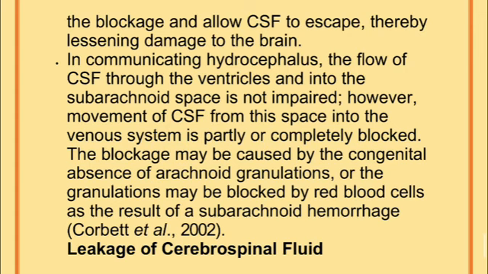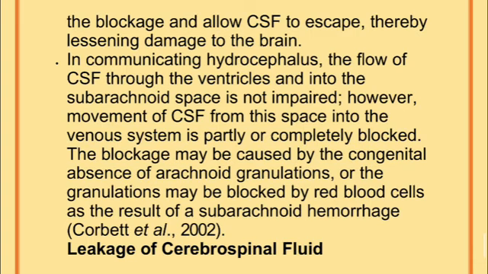When there is communicating hydrocephalus, the flow of cerebrospinal fluid through the ventricles and into the subarachnoid space is not impaired, but movement of cerebrospinal fluid from this space into the venous system is partially or completely blocked. The blockage may be caused by a congenital absence of arachnoid granulations, or the granulations may be blocked by red blood cells as a result of subarachnoid hemorrhage.